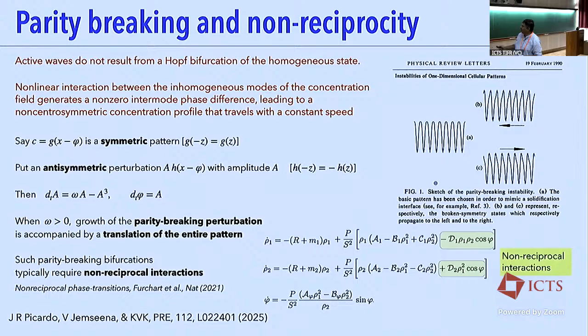And if you look at the equations of motion, we can exactly identify the non-reciprocal interactions between the two modes. And if you switch off these, of course, you don't get traveling. These are the ones that are actually causing the appearance of traveling. So there's a clean analytical demonstration that non-reciprocity leads to waves independent of 1D, 2D, or on the sphere. And it's really the non-reciprocal interactions that come from the activity that matter.